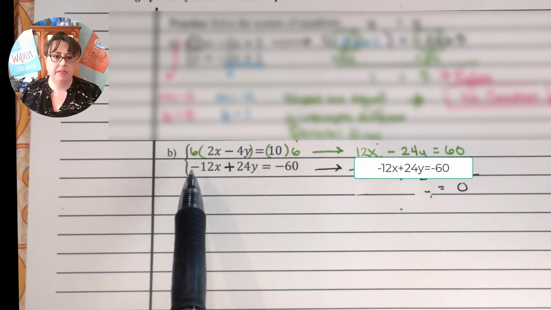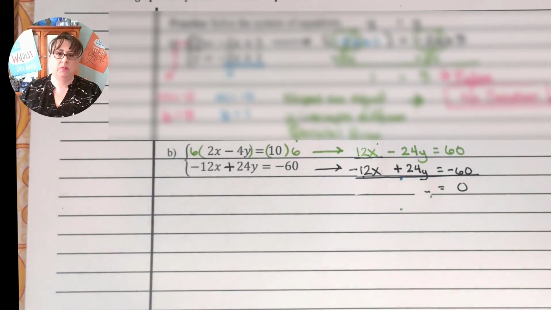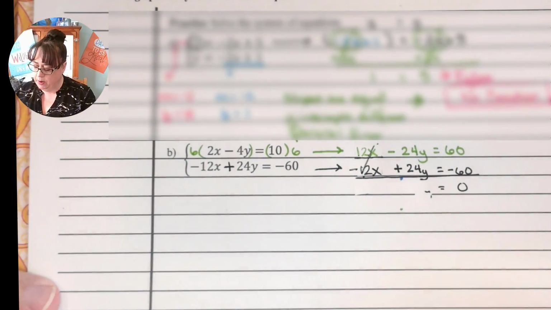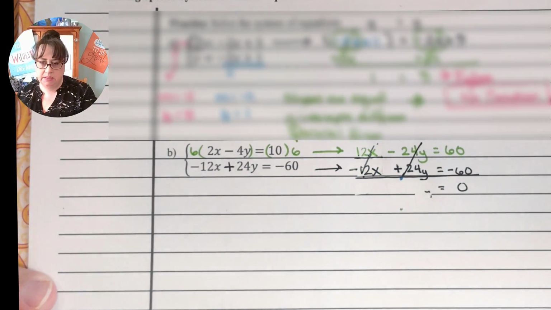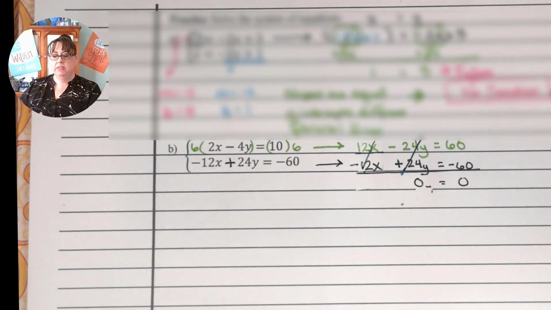And then this should be -12x plus 24y is equal to -60. So 12x minus 12x is 0. And -24y plus 24y is also 0. And then 60 minus 60 is 0. So you end up with this 0 minus 0.